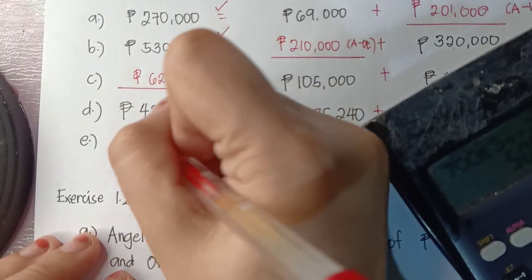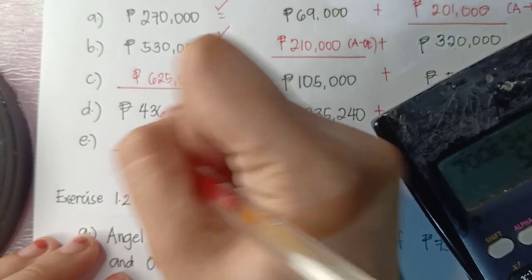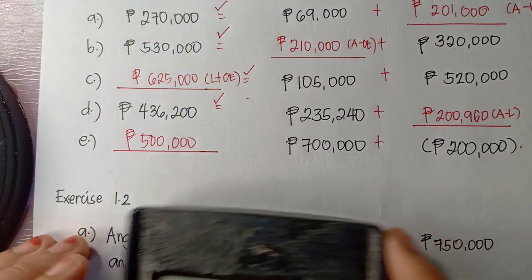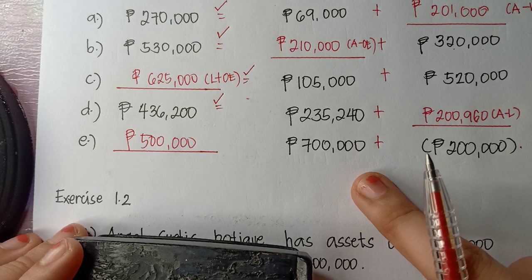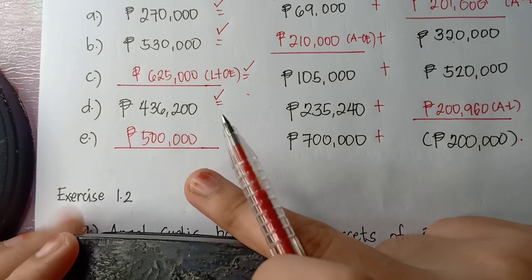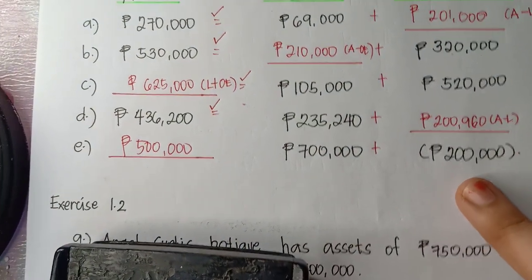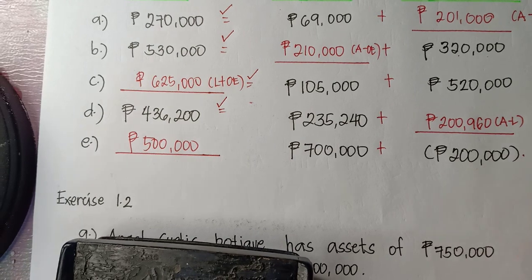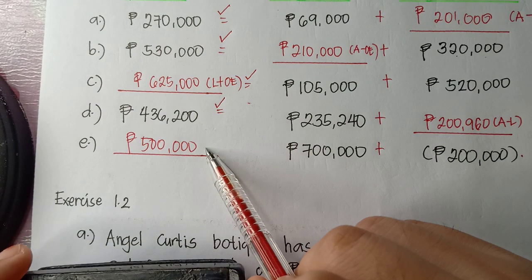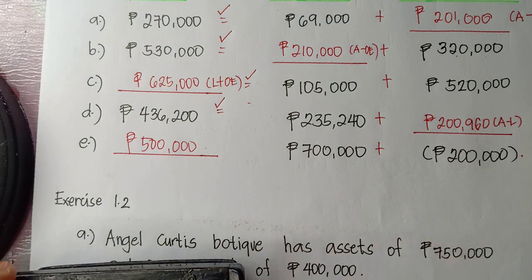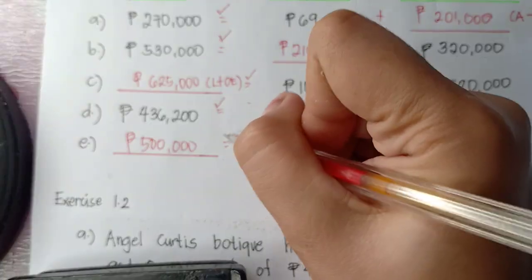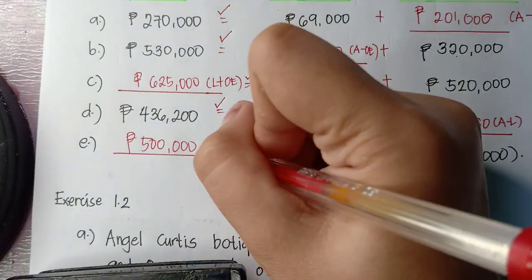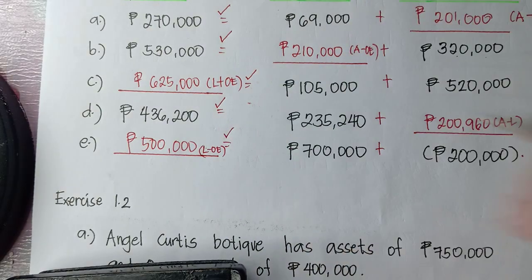So our assets is 500,000. As I told you a while ago, in this given, we will know that the liabilities is greater than the assets because the owner's equity is in a negative form. So here we have assets of 500,000 pesos. Let's check if it's correct. 700,000 plus negative 200,000 is equal to 500,000. So liabilities plus owner's equity.